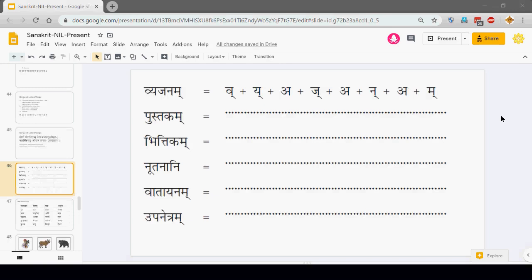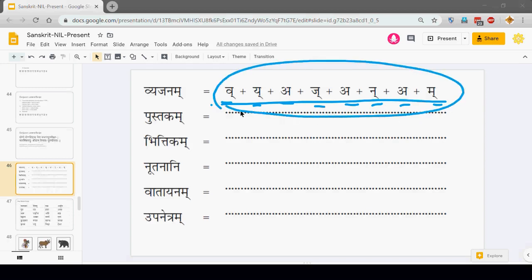So here the line which is shown here just to indicate what sounds are there in that word. So each individual sound is represented by a separate Devanagari letter here. So Vyajanam, the V part, Ya part, A part, Ja part, A, Na, A, Ma. So together it sounds like Vyajanam.